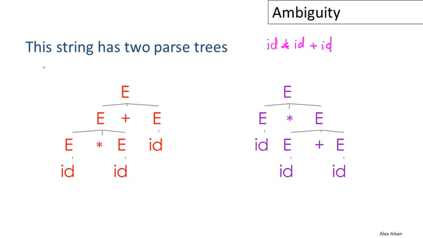Let's do the parse tree on the left first. We begin with the start symbol E, and the first production in this derivation that gives us this parse tree must be that E goes to E plus E. And then we replace the leftmost E by E times E. We use the production E goes to E times E, and we still have the plus E left over.